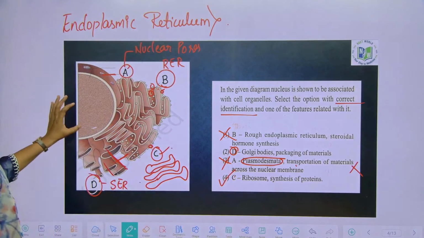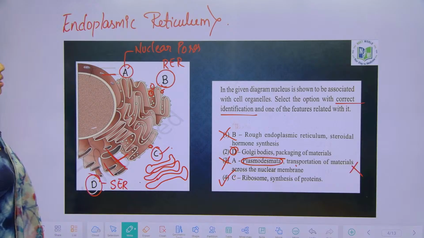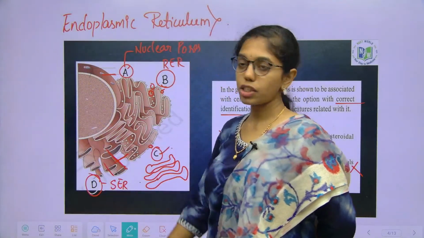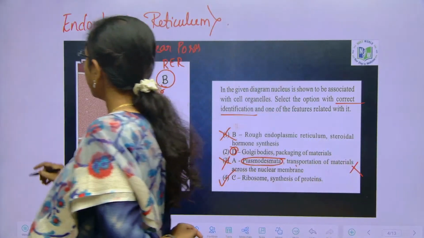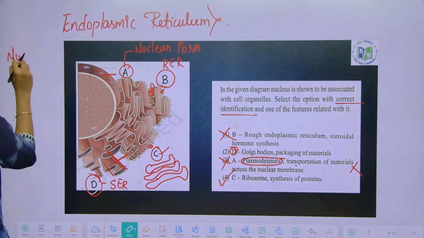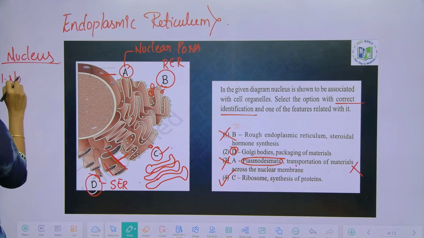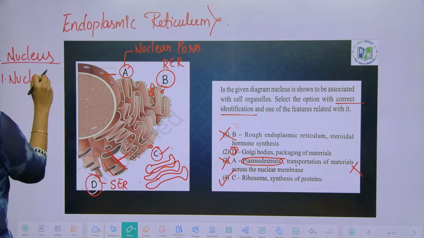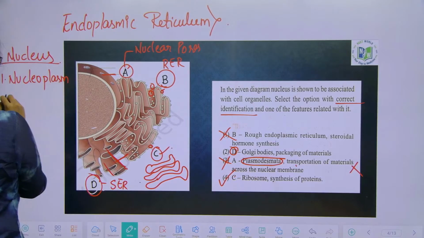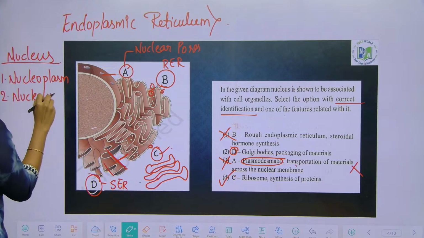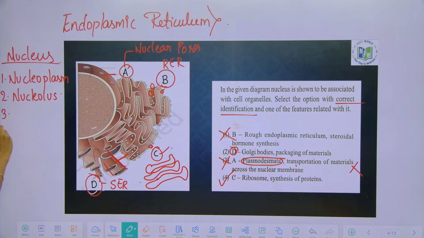This is all about endoplasmic reticulum. Once, let me give you a clear diagrammatic description. Nucleus has 4 components inside it. One is nucleoplasm, second nucleolus, third nuclear membrane, and fourth is nuclear pores.